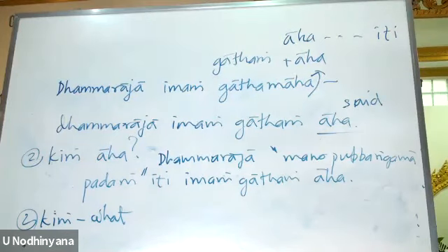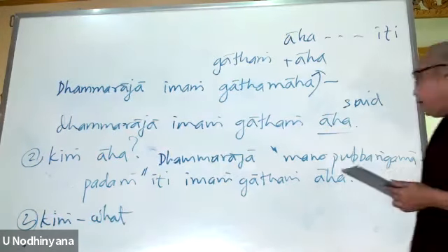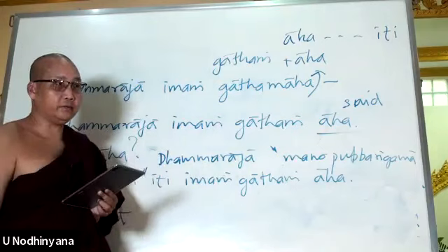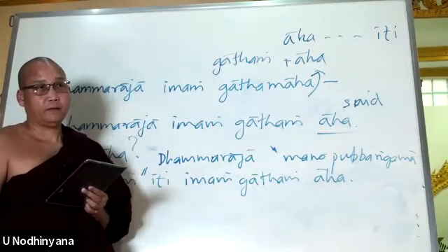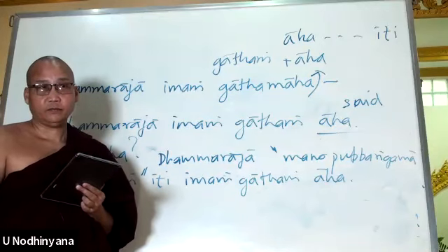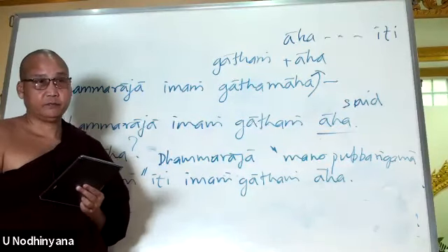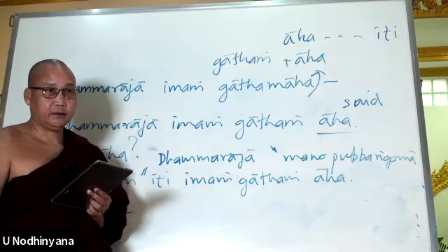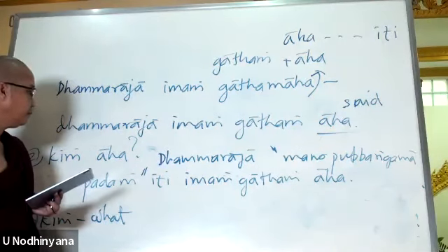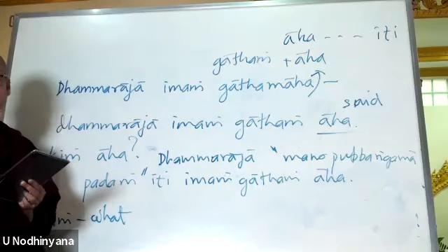When you translate this one, when you ask how, at that time you have to translate according to the English clause. When it is asked according to what, with the object, at that time you have to translate "iti imaṃ gāthaṃ āha".